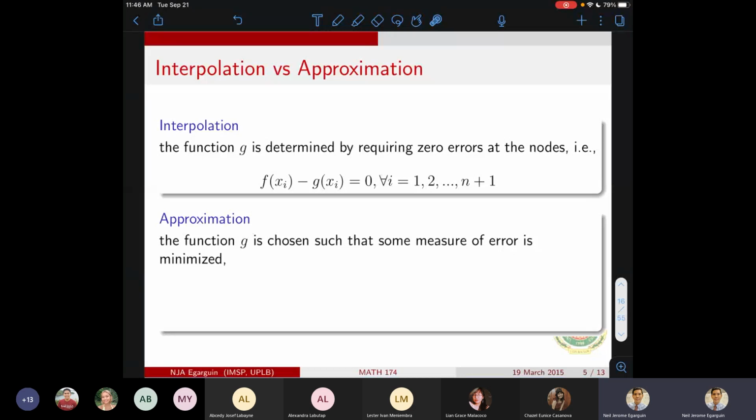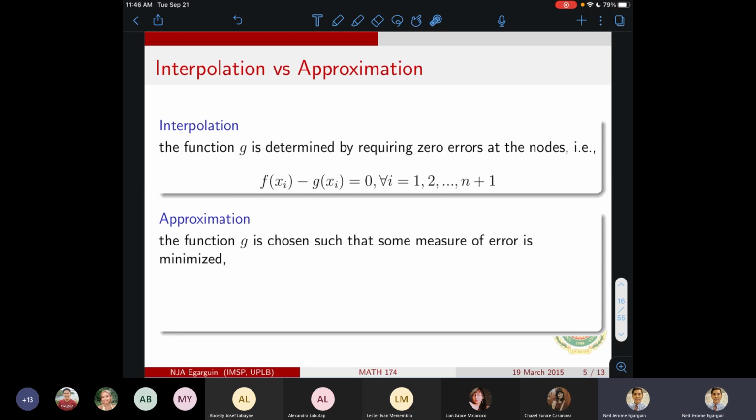In approximation, we don't care about the data sets, but we want to minimize some measure of error. And usually, this measure of error is global. Kasi pwede nyo tingnan yung error in interpolation is local because we are imposing 0 error at specific data points. And these data points ay yung mga abscissas o yung mga nodes na given doon sa problem.